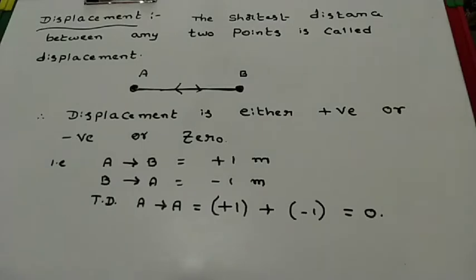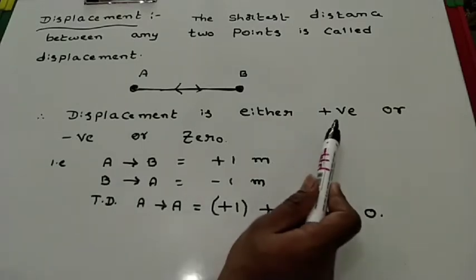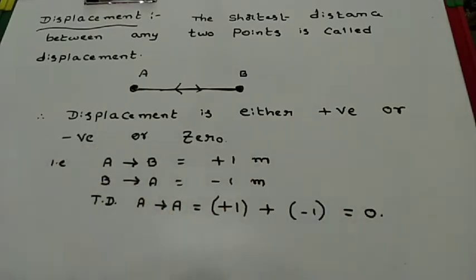This is the example. Therefore, displacement is either positive, negative or 0.